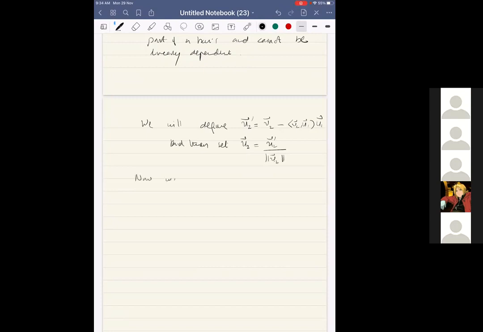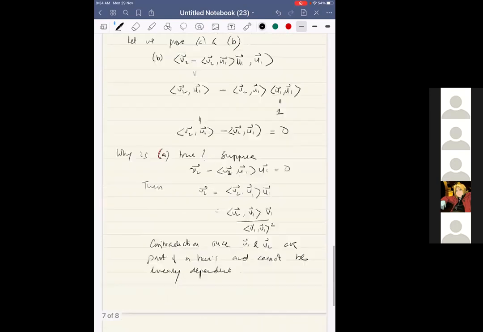Now we have u1 equal to 1, u2 equal to 1, and u1 equal to 0.